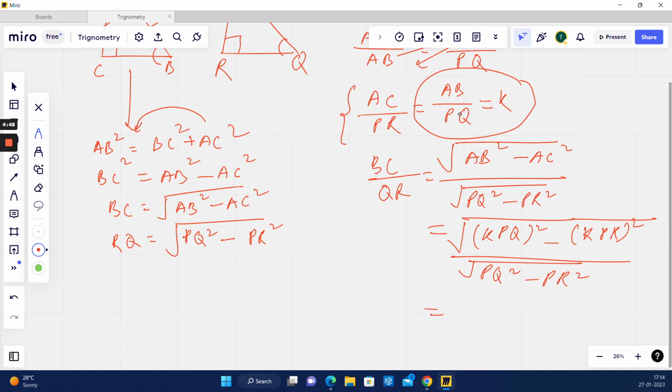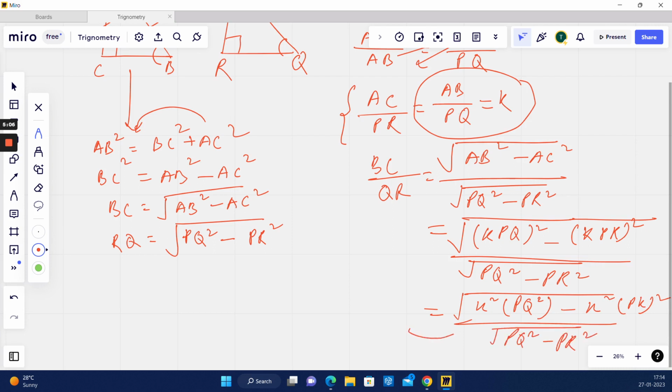Now if we distribute K, it becomes PQ square minus K square PR square, upon PQ square minus PR square. Now we can take K outside the square root. This becomes PQ square minus PR square upon PQ square minus PR square. This whole thing gets cancelled.